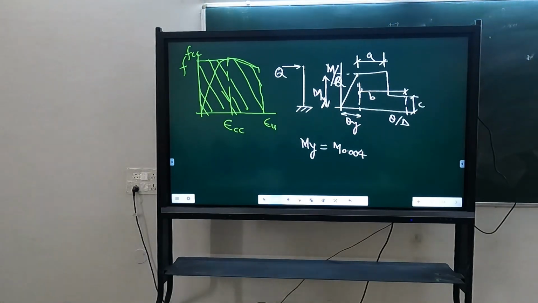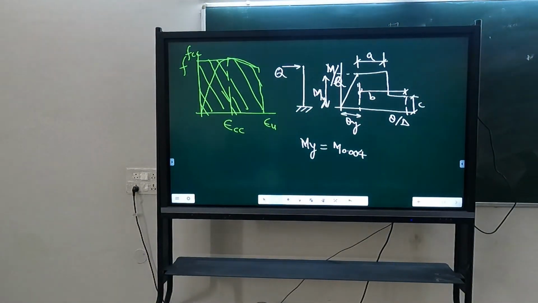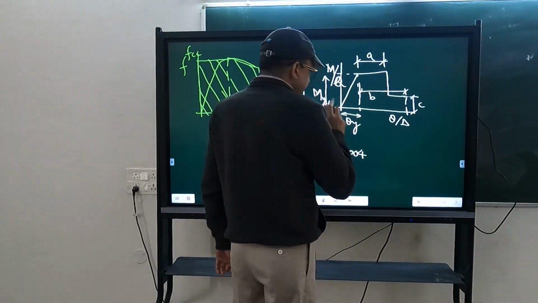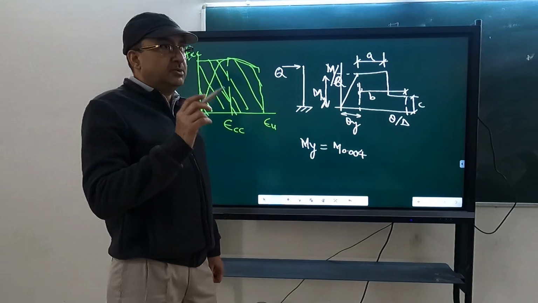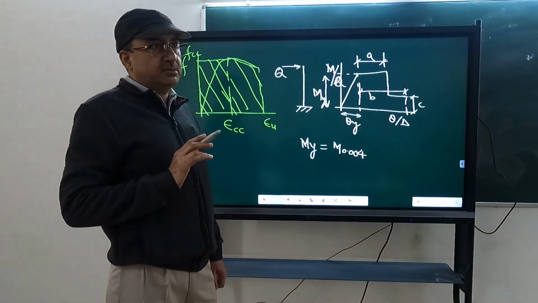And how to calculate the corresponding theta y? Divided by what? Xu. What is Xu? Strain divided by the depth of the neutral axis. But that doesn't mean that when you are taking M 0.004 that this is on the curve. So strain corresponding to that is not going to give you theta y.